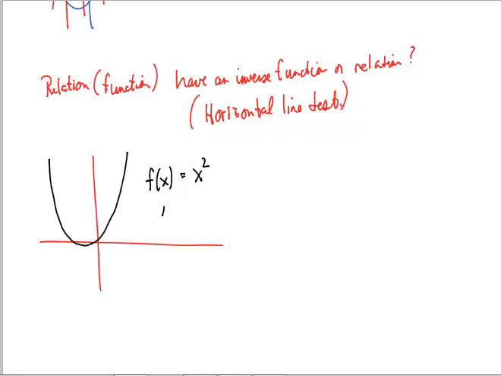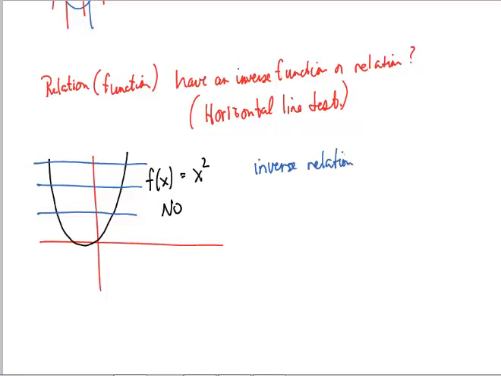The answer is no, because it fails the horizontal line test. The horizontal line test is an easy way to see if your function has an inverse function, and this one will not. This one will have an inverse relation.